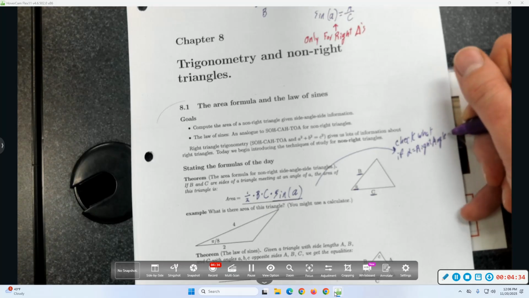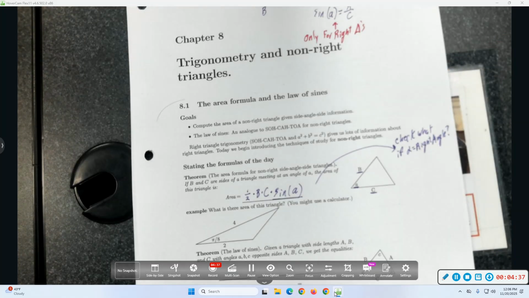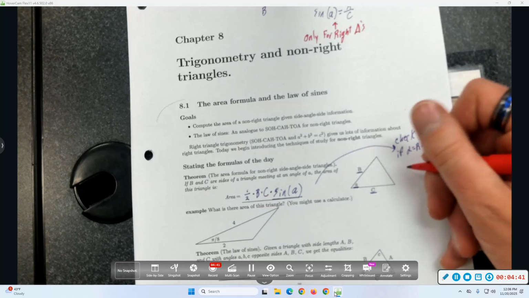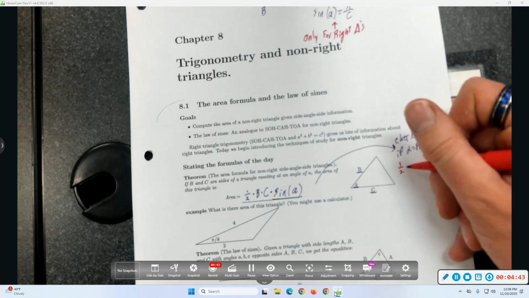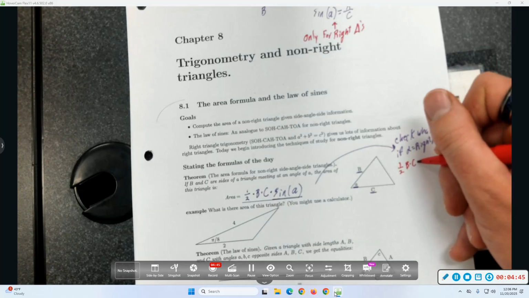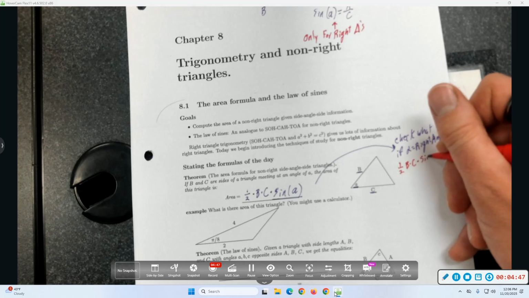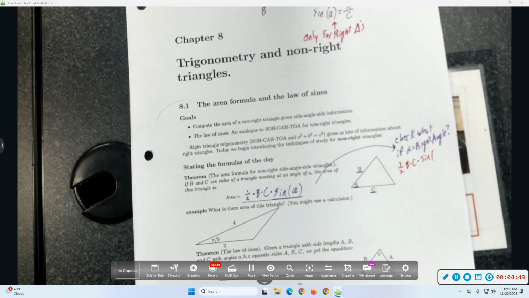What if alpha is a right angle? Let's see what this formula would say then. This would be 1/2 B times C times sine of, radians or degrees? What would we rather work in right now? Degrees, cool.